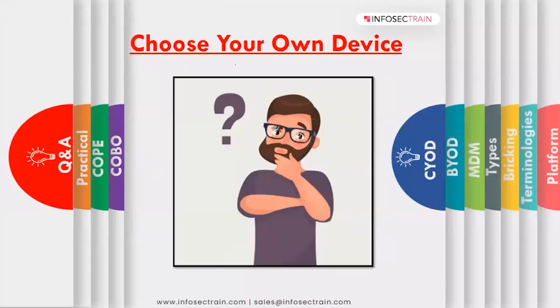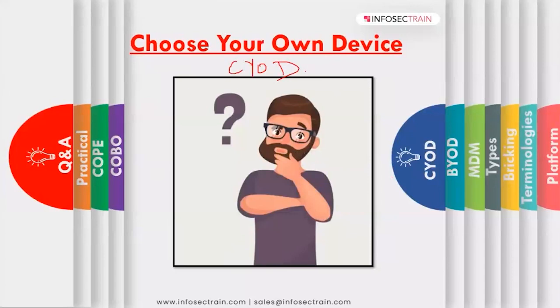There is the policy CYOD, choose your own device. So what happens? The organization gives you a list of devices, right? The device will be owned by the organization. The owner of the device will be the organization. But they are giving you a list, saying this is the list of mobile phones.